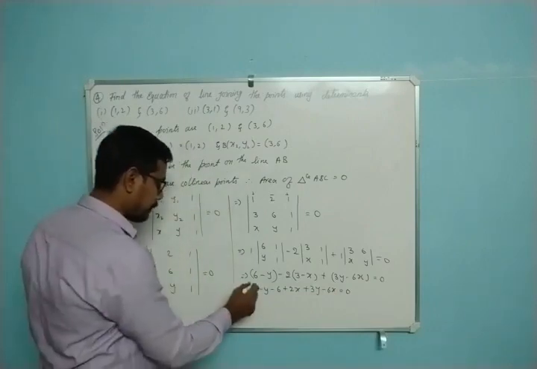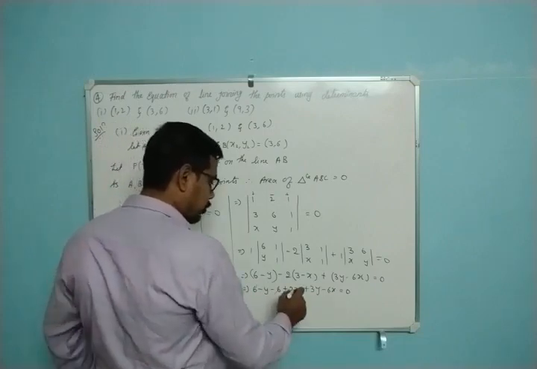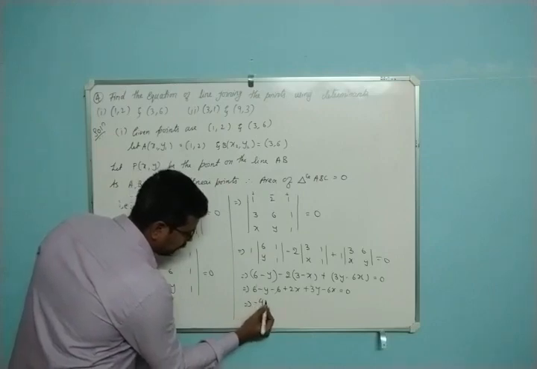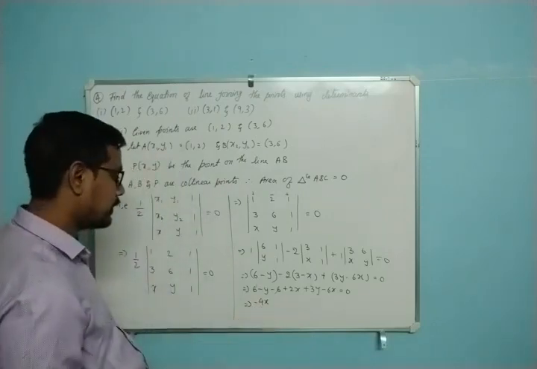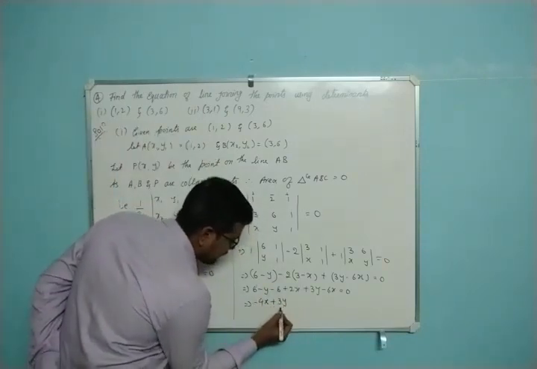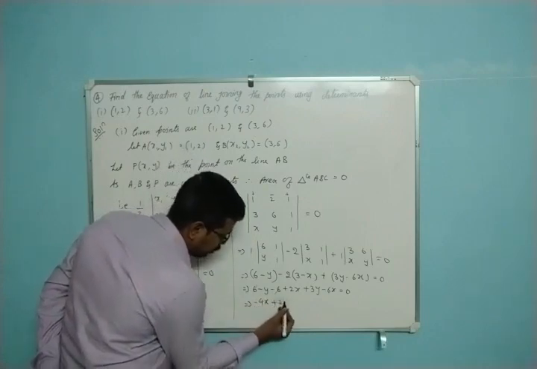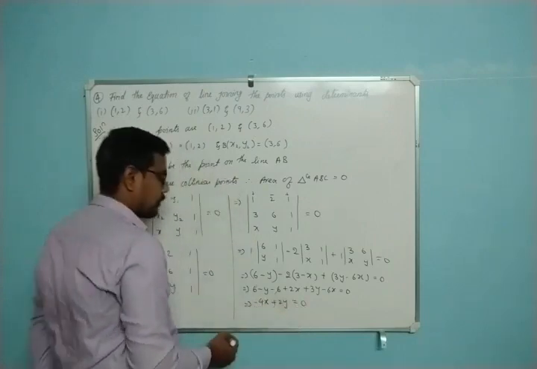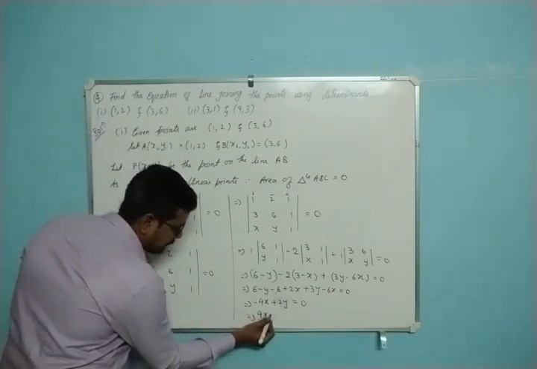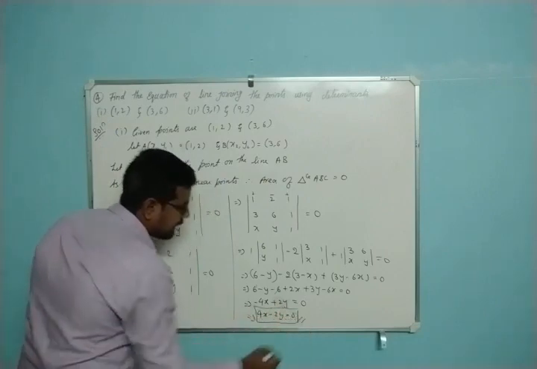Now plus 6 cancels with minus 6. So 2x minus 6x is minus 4x, and 3y minus y is 2y. So minus 4x plus 2y is equal to 0, or I can write 4x minus 2y is equal to 0. This is the required equation.